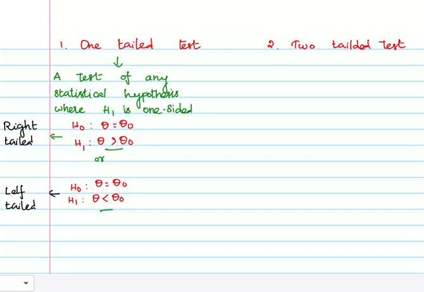In the same way, a two-tail test is a test of a statistical hypothesis where H1 is two-sided.